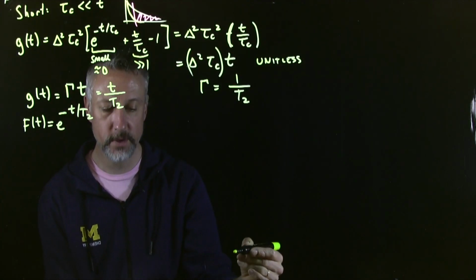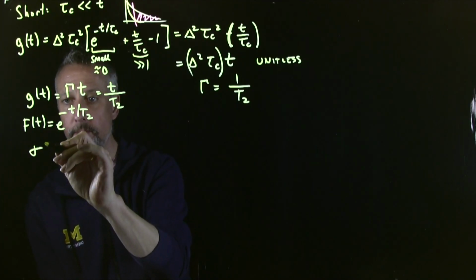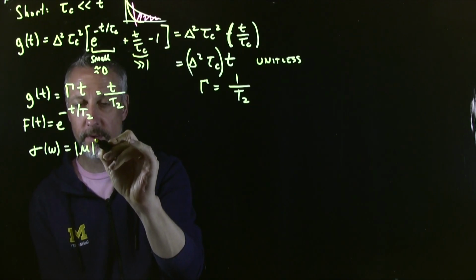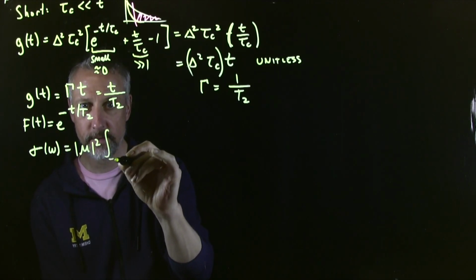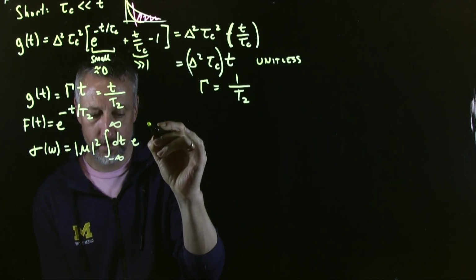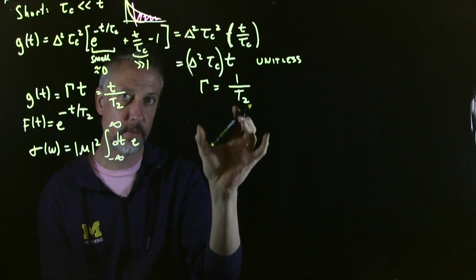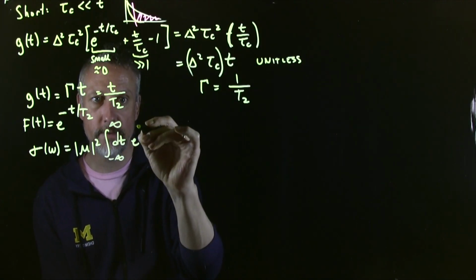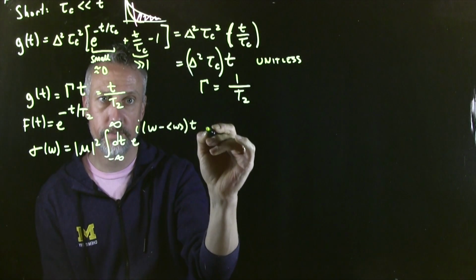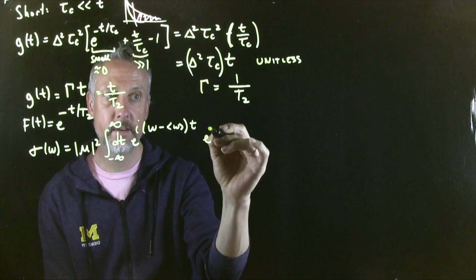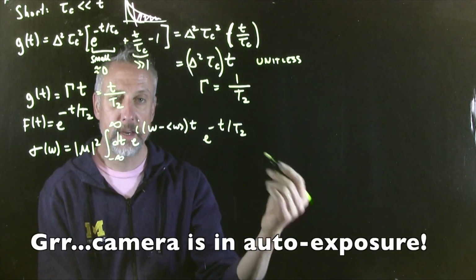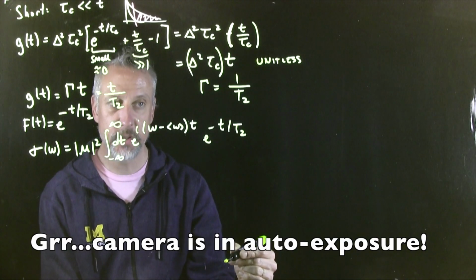Okay, so we put that into our line shape. Remember, this is the Fourier transform of the dipole moment correlation function. We have the piece out front, that's the exponential with the average frequency in it, so we have i omega minus omega average, and then we have e to the minus t over T2. It turns out that the spectroscopy is proportional to the real part of this.